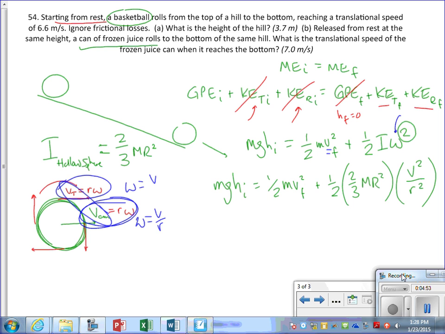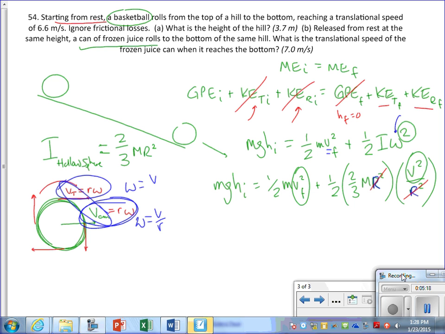What I'm really trying to point out is that this V and this V are the same thing. Now this R and this R are also the same thing, so that means these can go away.